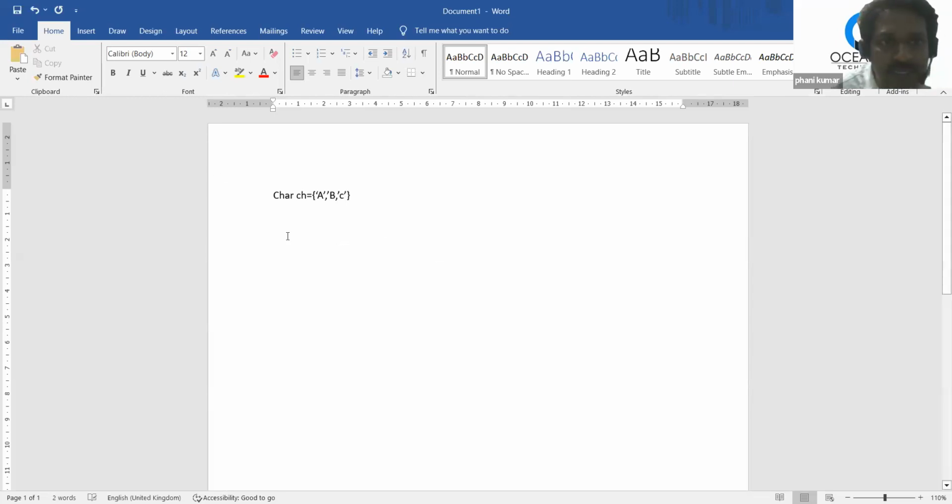The system will store these 3 characters. A is one character, B is one character, and C is one character. This is the 0th index, this is the first index, and this is the second index.